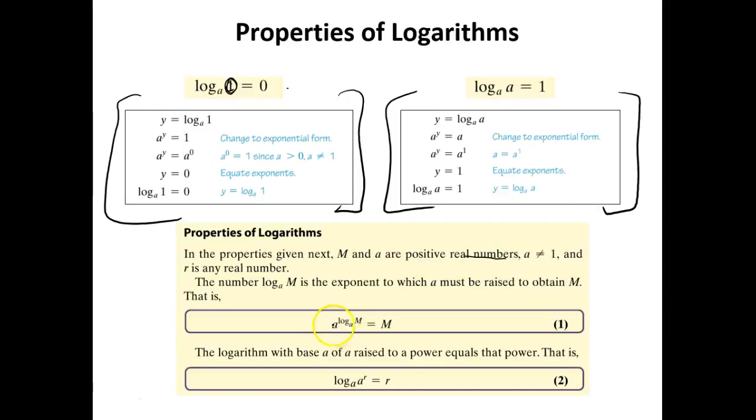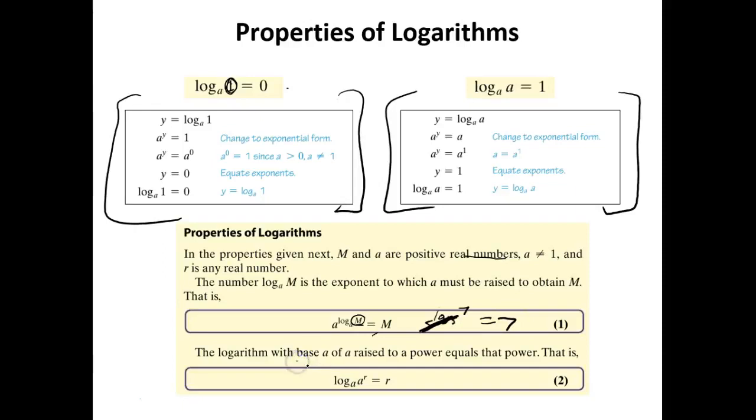So it's going to undo itself, and you're going to be left with what's inside, the m. So 5 to the log base 5 of 7, well, this is an inverse, so this part kind of undoes itself and you're left with 7.